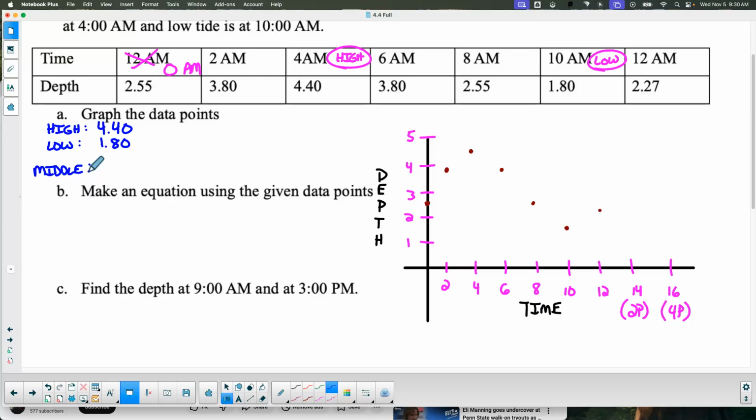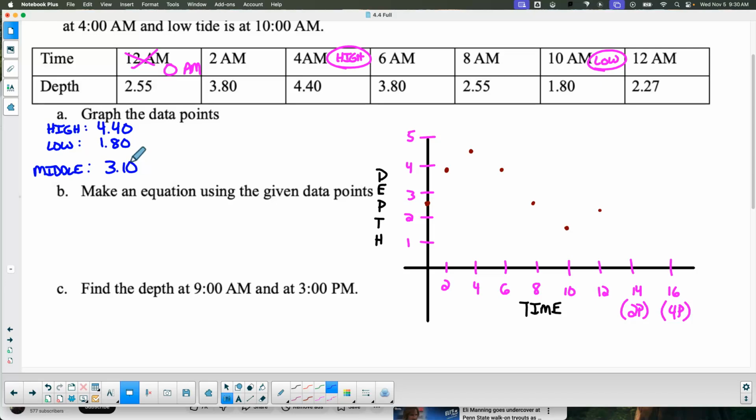At 3.1. Do I have a 3.1 data set in my data? No. So does it make sense to do a sine? Nope, it doesn't.